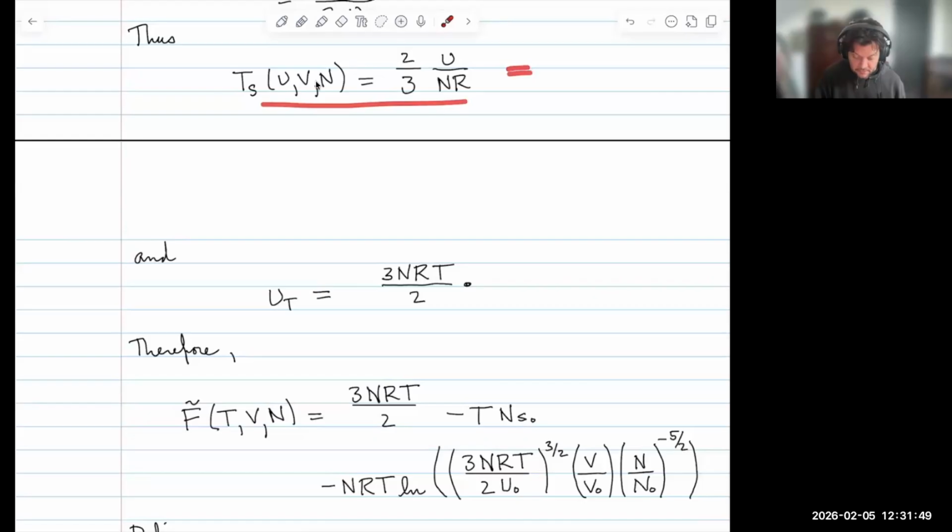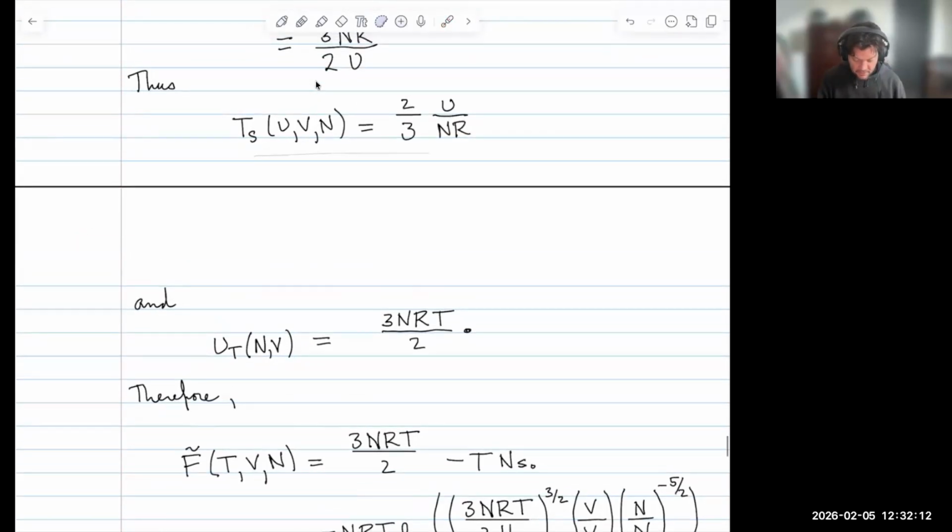If you put a T over here, I can invert this for U, and that thing is what we call U tilde, or U of T. Or I could say U tilde as a function of N and V. It's actually a function of all three variables, T, V, and N. But it's easy to invert this. So I'm just inverting that function right there, and the inverted function is called U tilde of T, N, V.